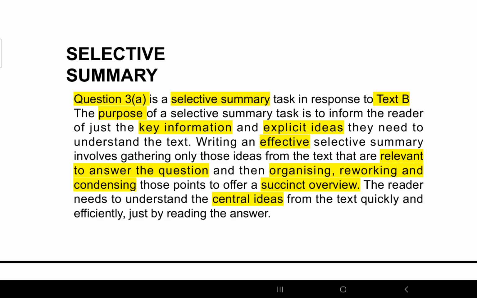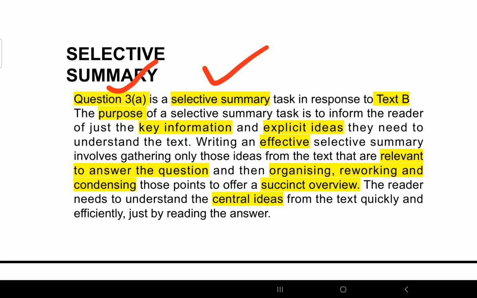First one, this is question number 3a. Second one, this is a selective summary. All the students, because you have been in touch with the paper pattern that was till 2023, you have those ideas in mind where you have to write 180 words and you have to write about advantages and disadvantages or uses of something or benefits of something.